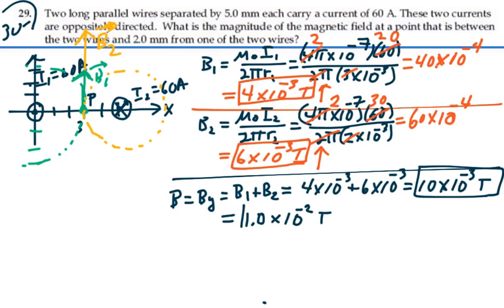That is our net magnetic field, and as we've drawn it, it is indeed in the positive y direction, like this.